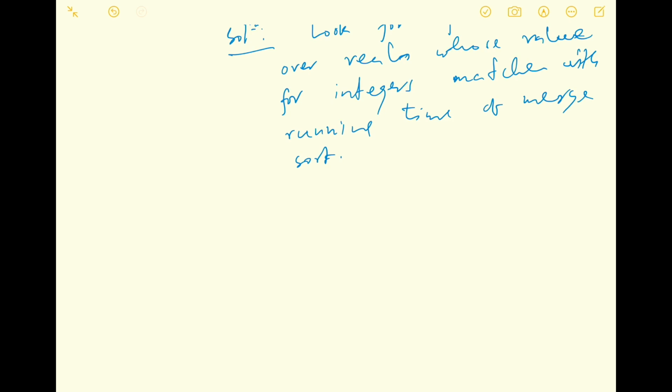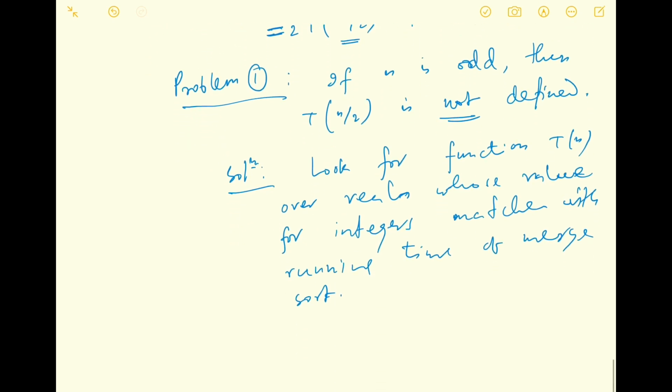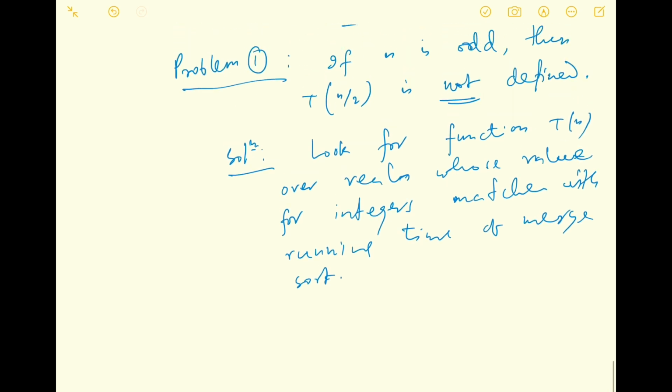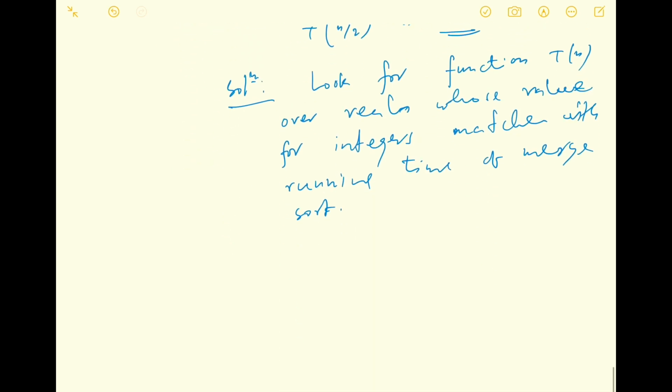And the second problem is, how can we ignore this ceiling and floor? The first observation is that if you are computing an upper bound, you can overestimate.